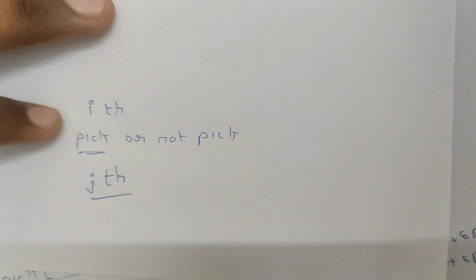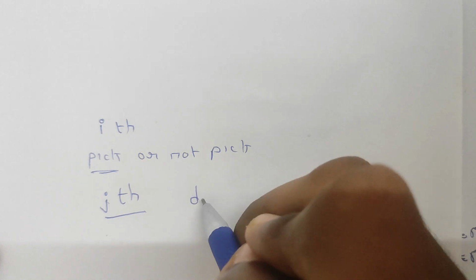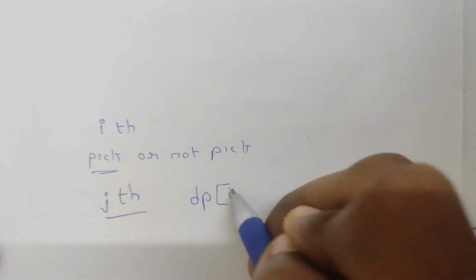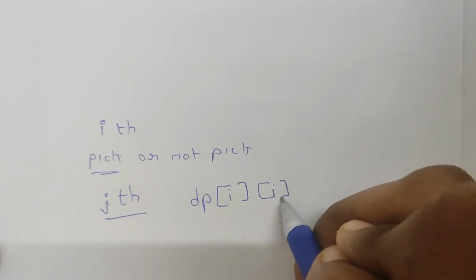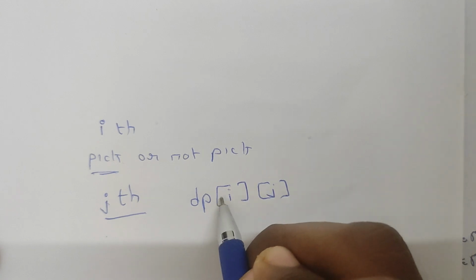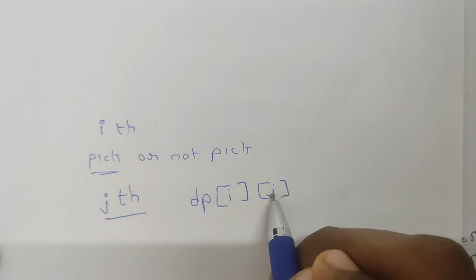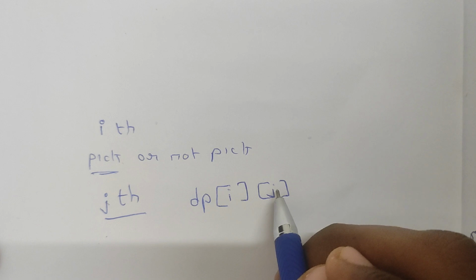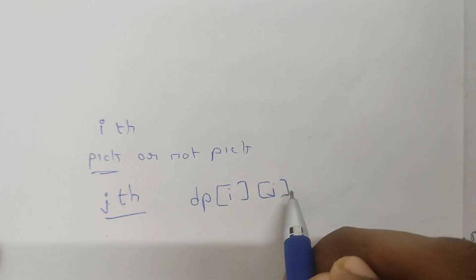So the DP state will be DP of i, j. i will be the current index that we are on, and j will be the index of the previous element that we chose.